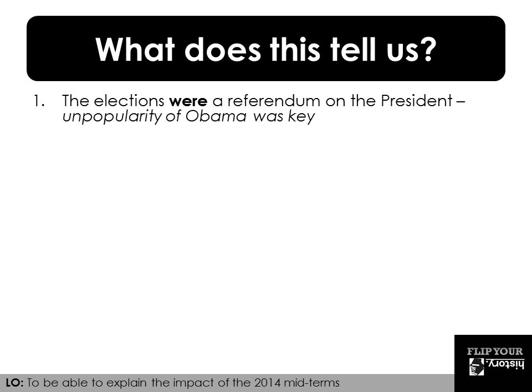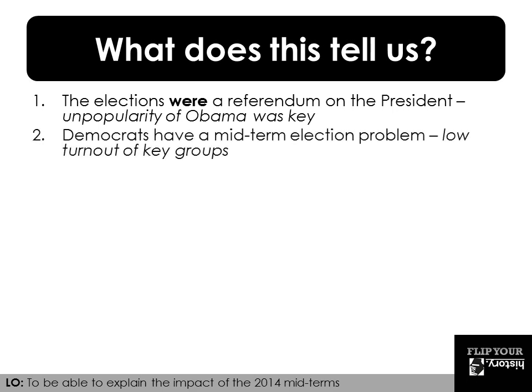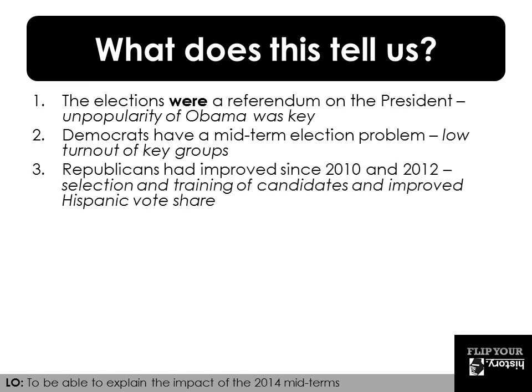First of all, the elections clearly were a referendum on the president, as Republicans were able to make the unpopularity of Obama a key part of this election. The Democrats also seemingly have a midterm election problem, in that they have a low turnout of key groups needed for them to win the elections, most significantly the young and minorities.